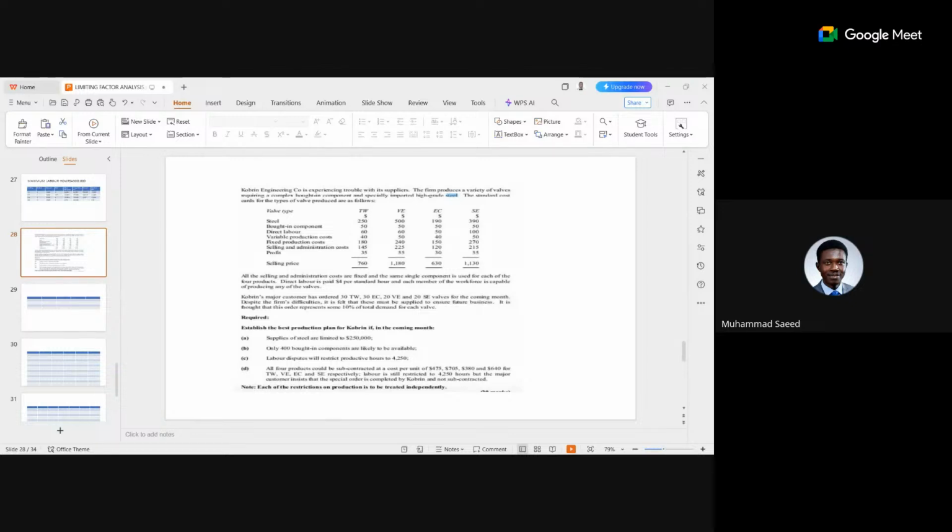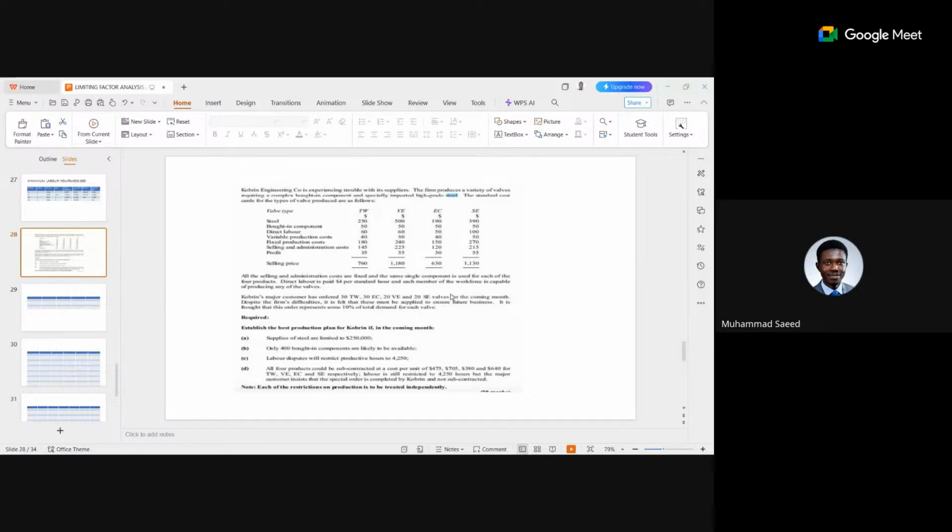Bought in component, we have 50, 50, 50, 50. Direct labor, we have $60, $50, and $100. Then variable production cost, we have $40, $50, $40, and $50. Fixed production cost, we have $180, $240, $150, and $270.